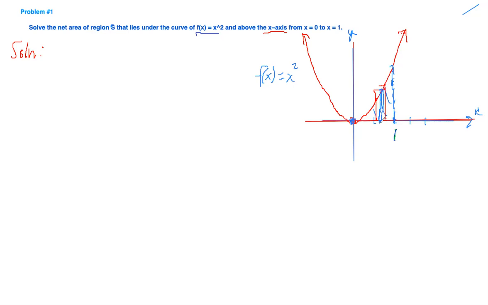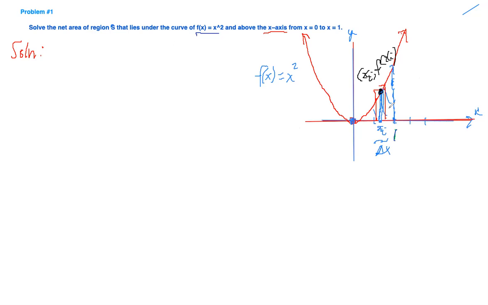This is our x sub i, and the width of this rectangle is change of x. This point is what we call the point x sub i and f of x sub i. I hope you can read the point x sub i and f of x sub i.